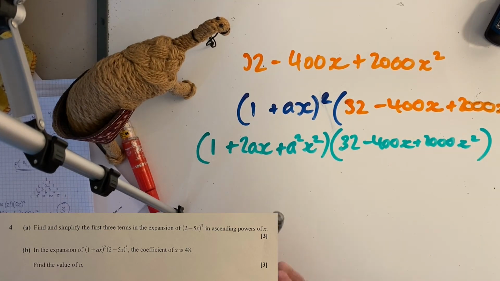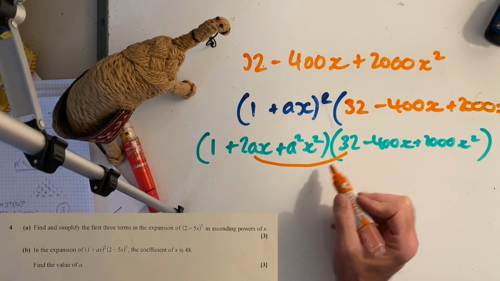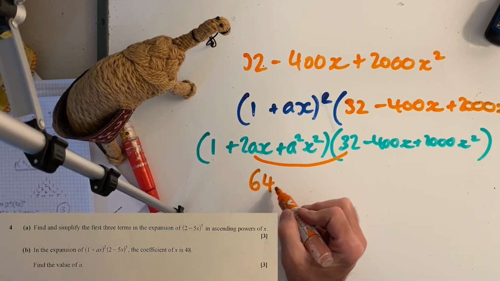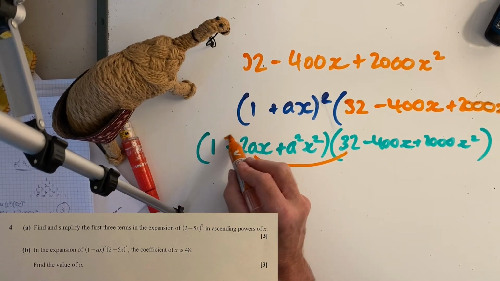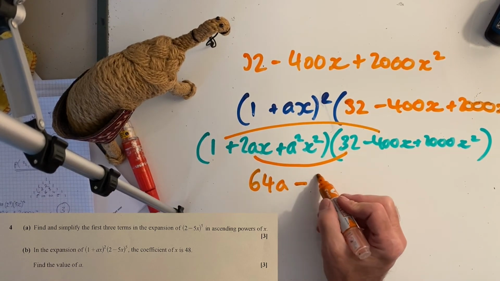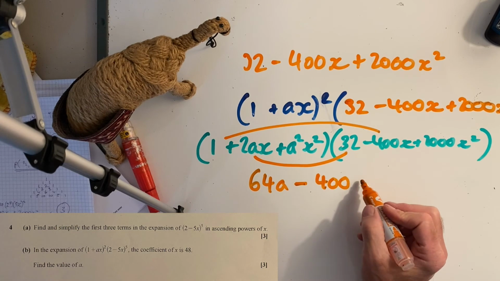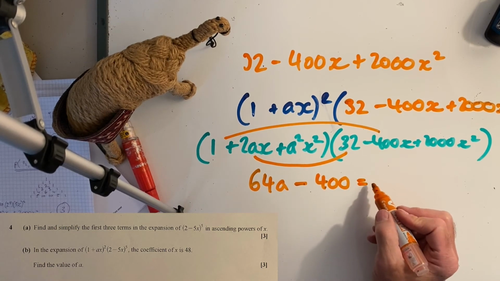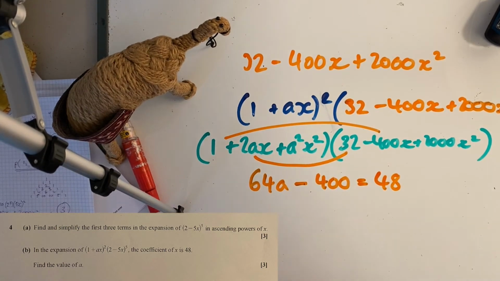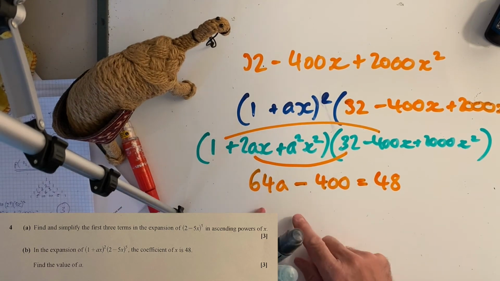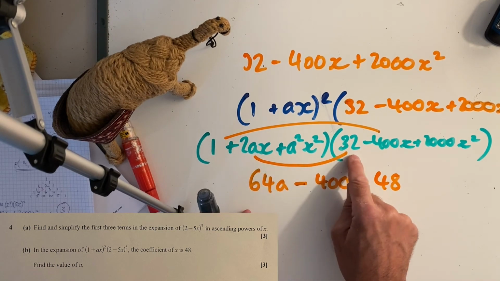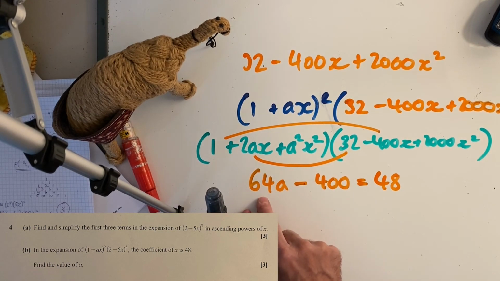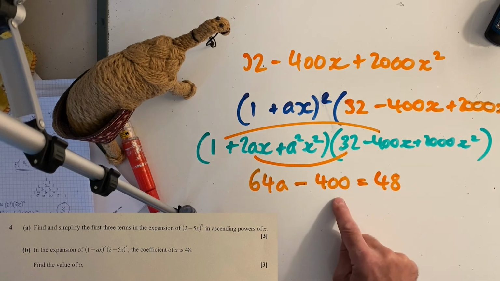So how do I get those ones? Well, that one is 64a, just the x's, and then this one here, minus 400, and I'm told that that equals 48. Because I'm just thinking about the coefficient of x, this will give me 64a, and this one here, minus 400.